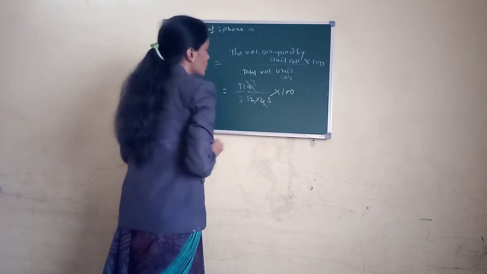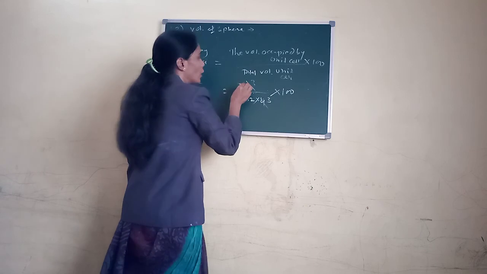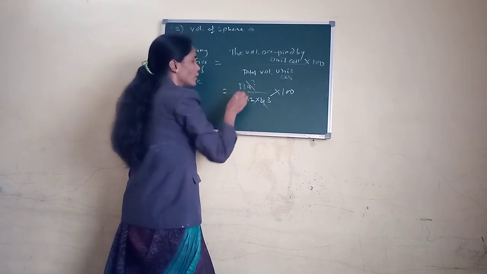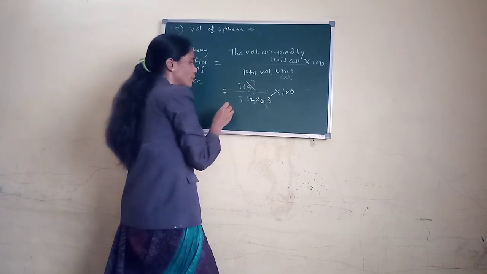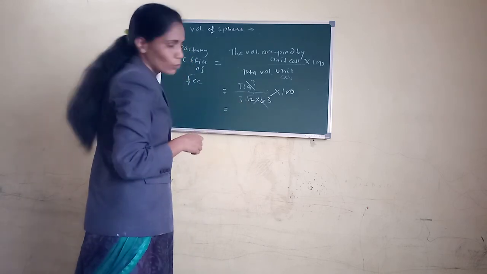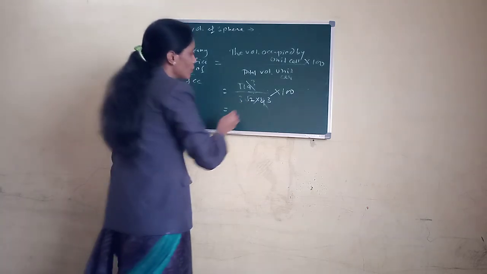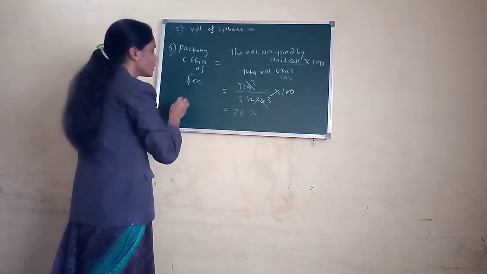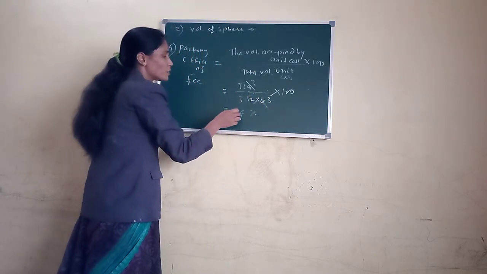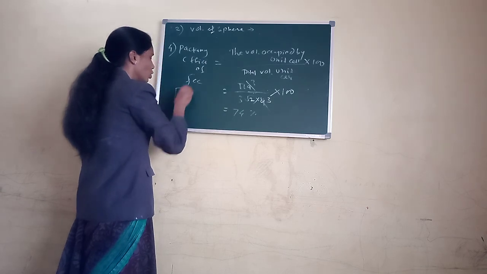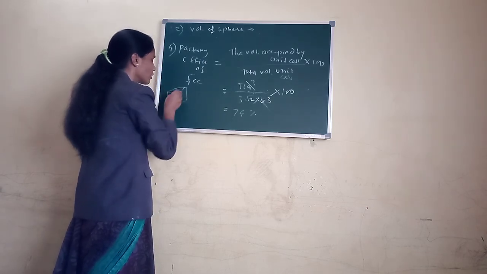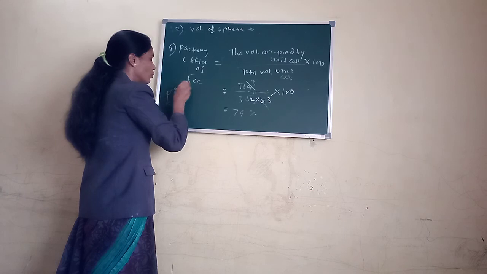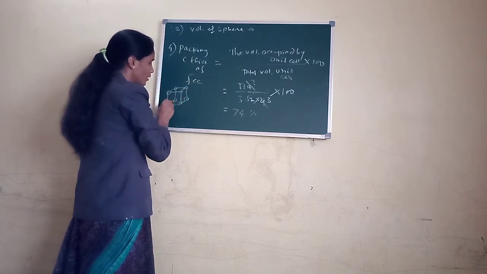A cube gets cancelled. Putting pi as 3.14 and calculating, we get the answer 74%.